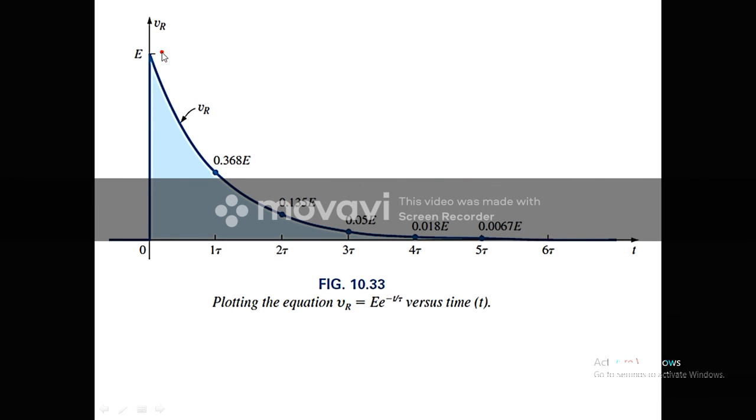this is actually the curve for VR against t. At the start at t equal to 0 we have maximum current, so the maximum voltage will be dropped across the resistor, and then as the current reduces, according to Ohm's law V is equal to IR, as R is fixed, the voltage drop across the resistor depends completely upon the current flowing through it. So with the passage of time, as the current reduces, the voltage drop across the resistor will also reduce.